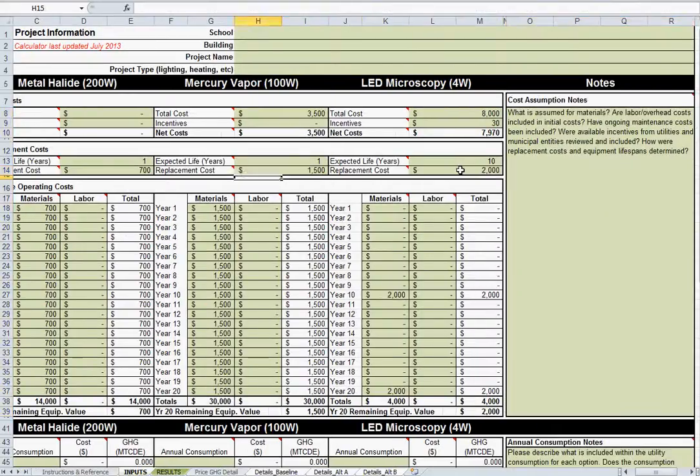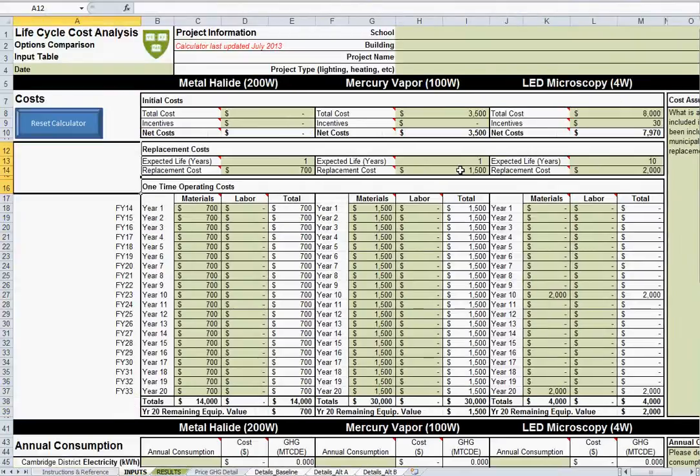Again, it sounds like a lot of money, and it is, but you can already begin to see that when we factor in the material costs, $700 a year adds up to $14,000, $1,500 a year adds up to $30,000, whereas we basically have $4,000 in costs with our 10-year replacement schedule here. So we're already much lower there and making up a lot of the difference.